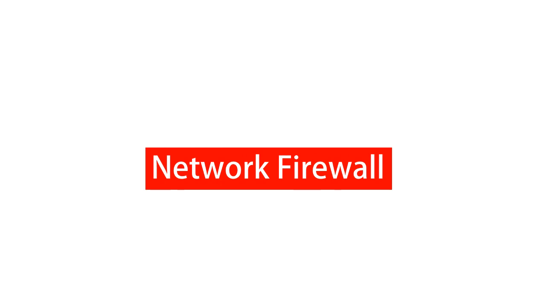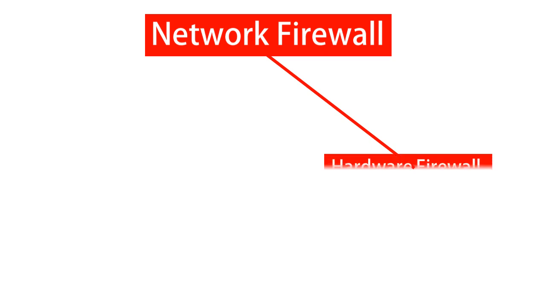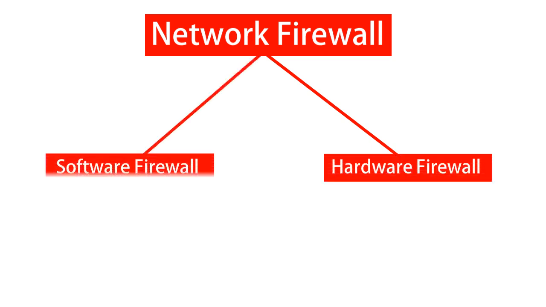Network firewall. Now let us discuss firewalls. There are two types of firewall. One is the hardware firewall and the other is the software firewall. A software firewall is a program that works on a defined set of security rules and is installed in a system, which ensures security for the system by controlling outgoing and incoming network traffic.